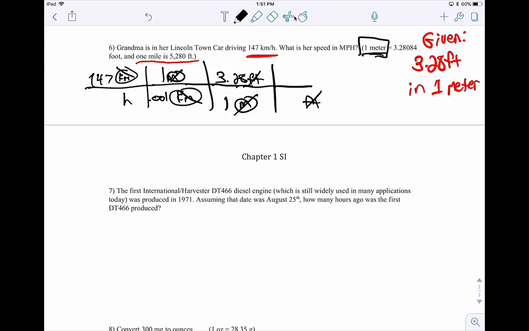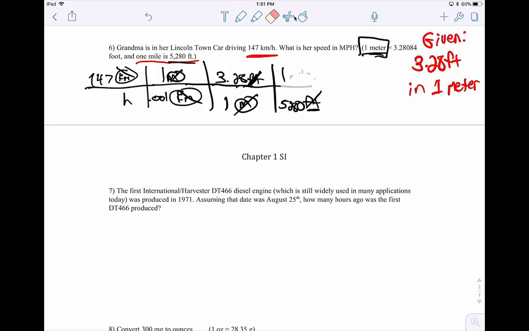But later on, as you get more advanced, you'll either have to Google the conversion factor or memorize it, depending on what your teacher does for the exam. We know then that 5,280 goes on the bottom, because you have 5,280 feet, and you had to put feet in the denominator to cancel out feet in the numerator. And the problem gives you 1 mile.